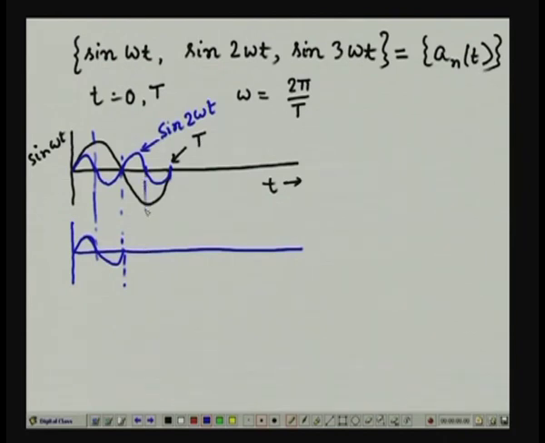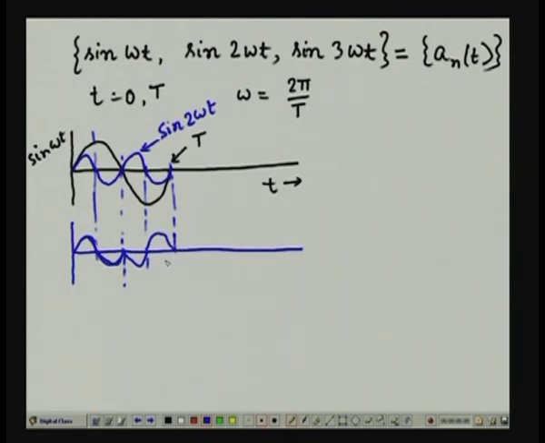In this region, sin twice omega t is positive, whereas sin omega t is negative, so the product is going to be like this. And in this region, both are negative, so the product is going to be positive.